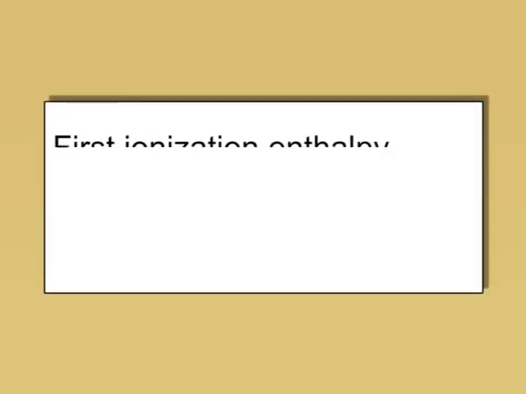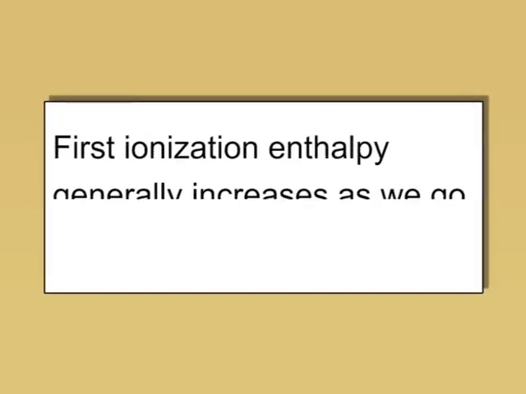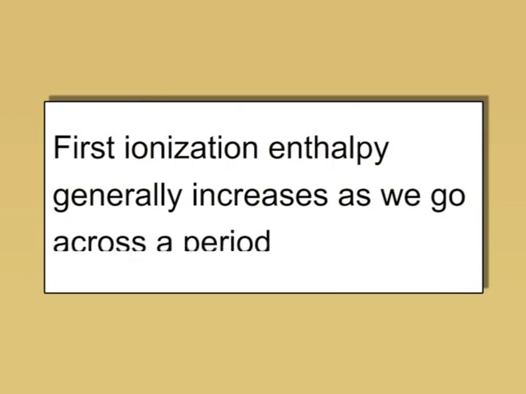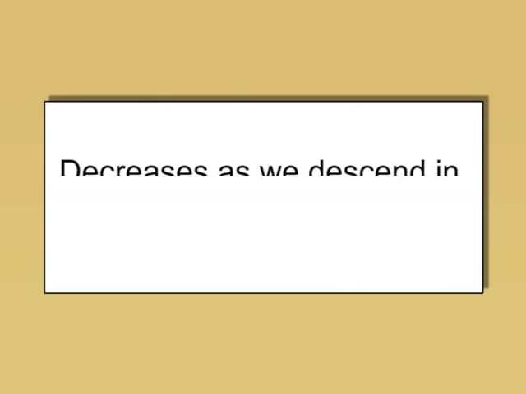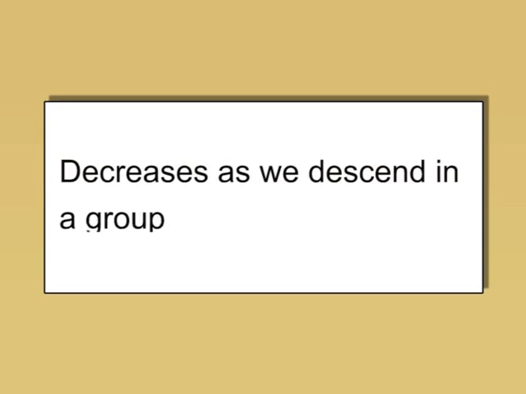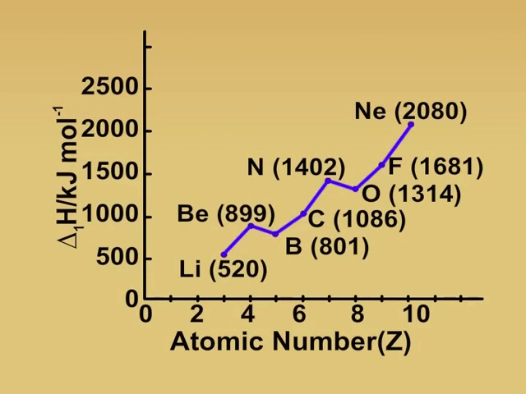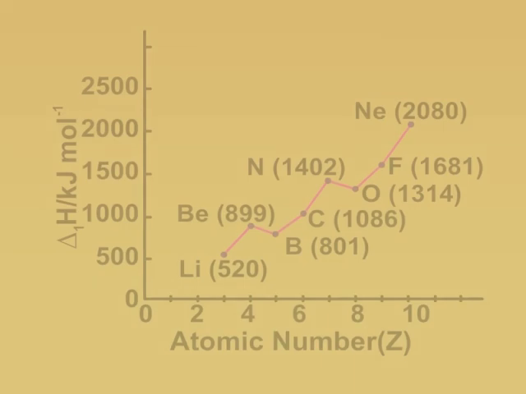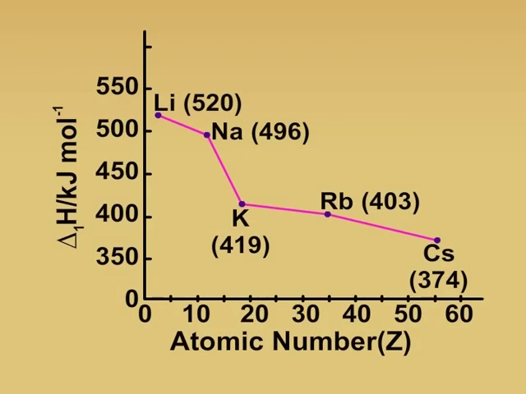The first ionization enthalpy generally increases as we go across a period and decreases as we descend in a group. These trends are depicted in graphs for the elements of the second period and the first group of the periodic table.